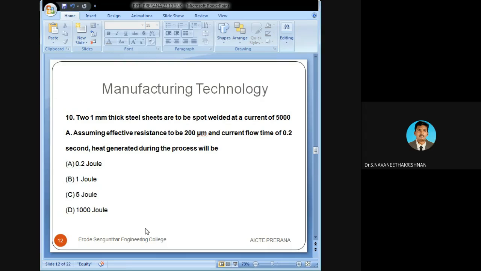You have to choose which one is the correct answer. Tell me which one is correct: answer A, B, C, or D.